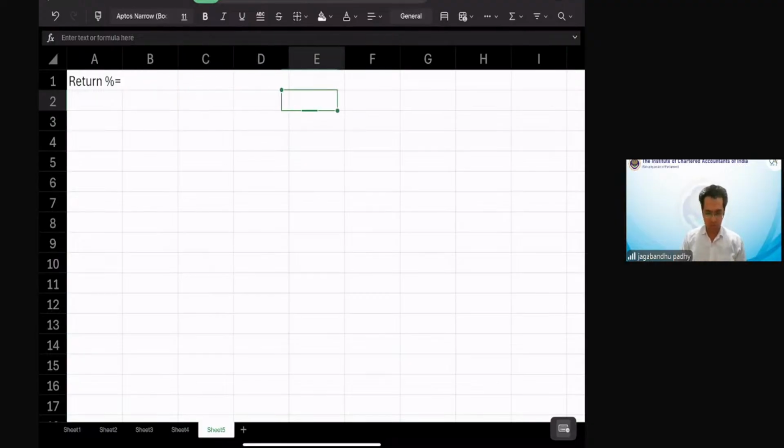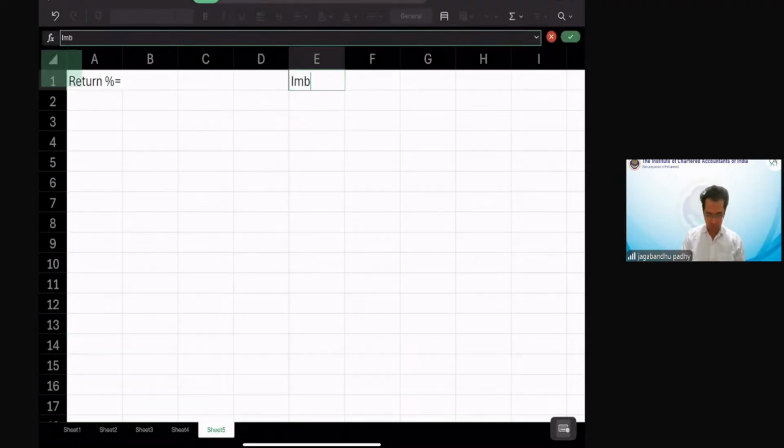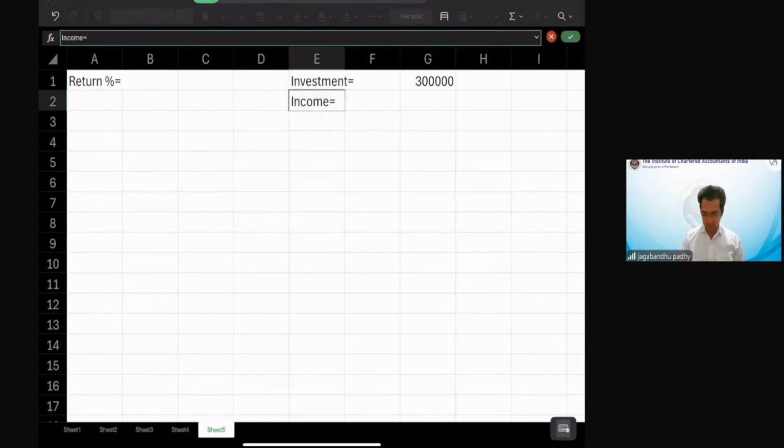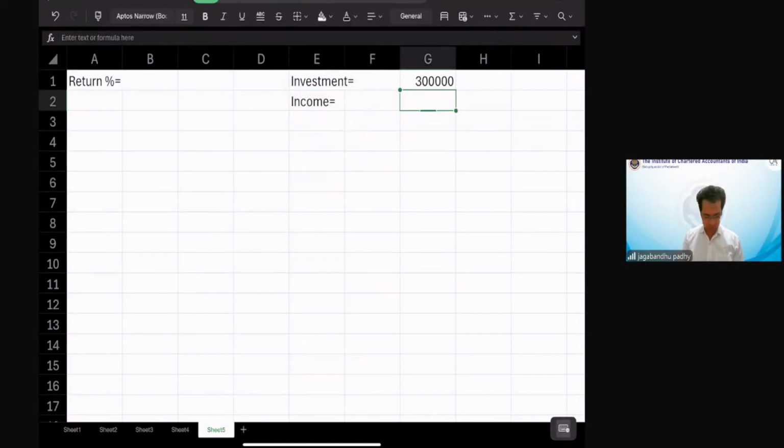Generally, if I tell you, let's say investment is 3 lakh, income that you have earned is, let's say, 60,000. Investment is 3 lakh, income is 60,000.